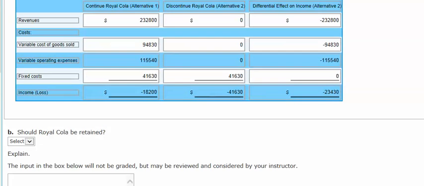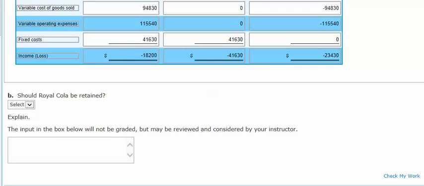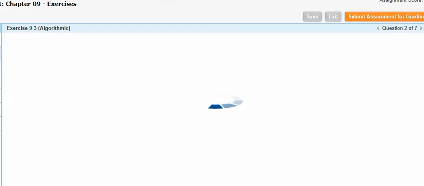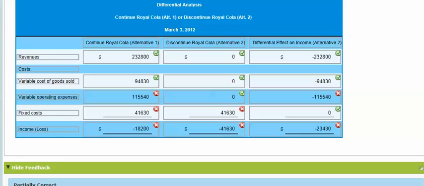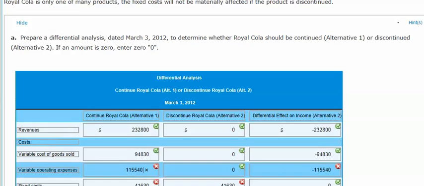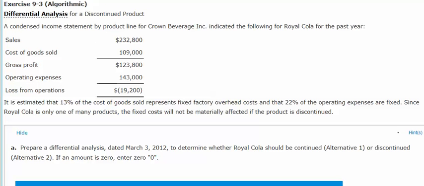Let's go ahead and check my work to see if my math is right. Oh, and by the way, based on that, no, it should not be discontinued. Let's check my work. Oh, okay, I've got a mathematical error here. We can go back and recalculate that because it should be 143,000, and the fixed costs are 22%.